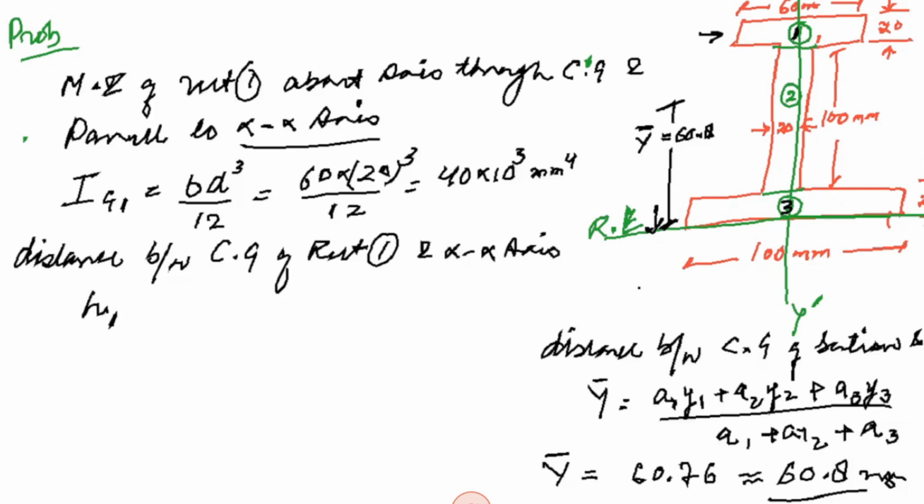Let's name that h1. How much was y1? Y1 was 130. So h1 will be y1 minus y bar, which is 130 minus 60.8.